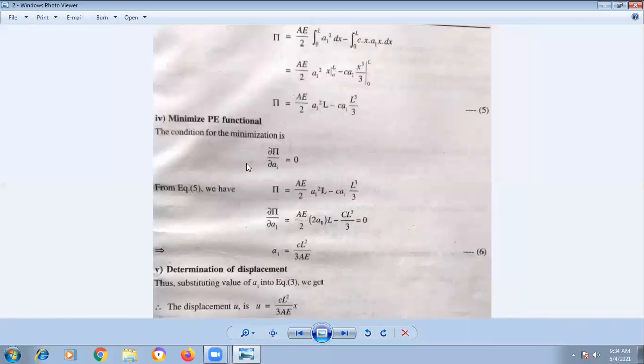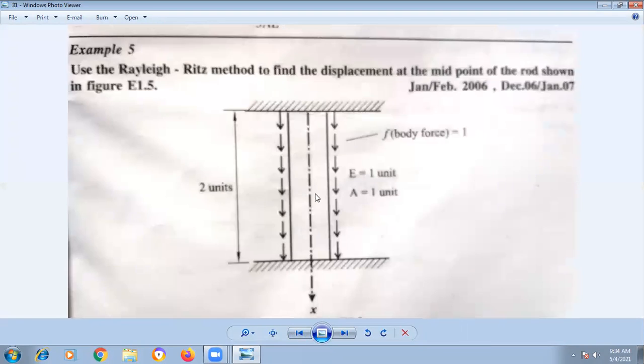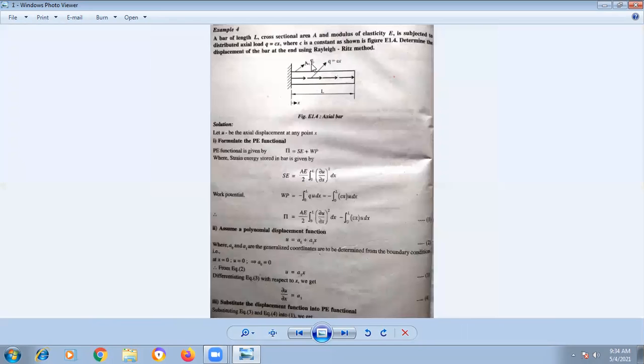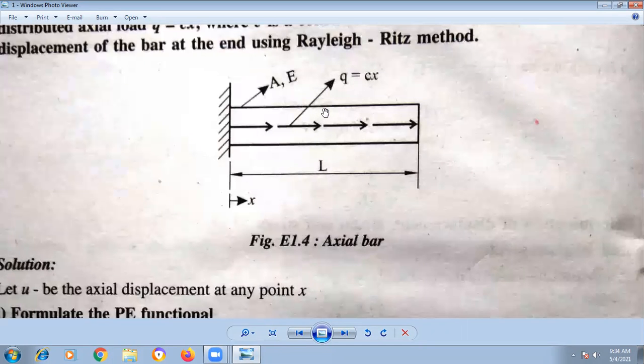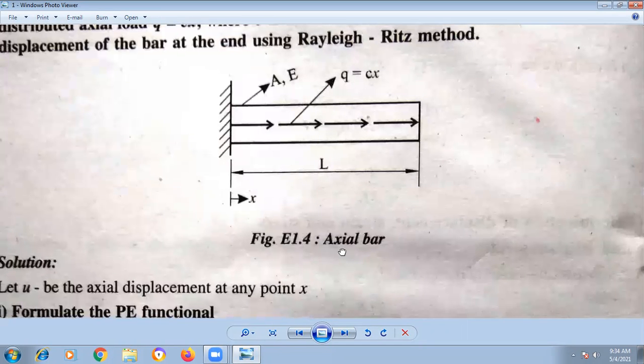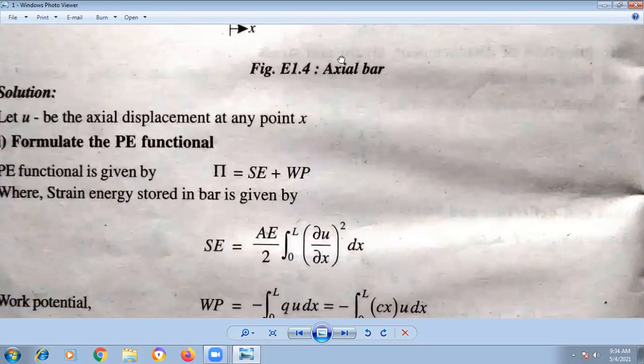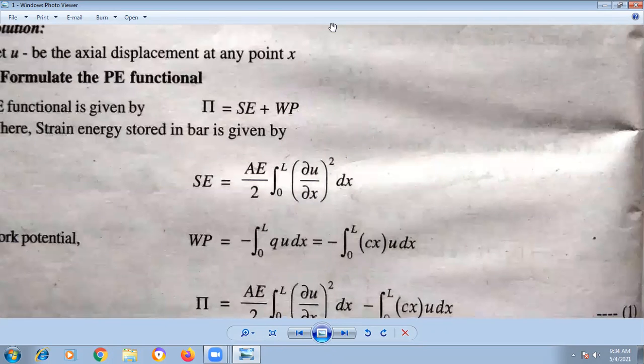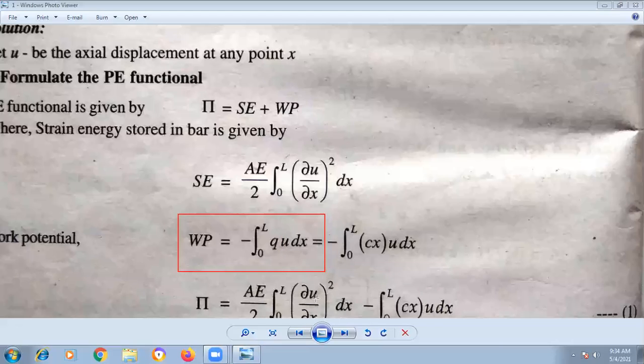So the very important thing in the problem is, we have to find out how the displacement is given or the force is given for writing the work potential. That is, a uniformly distributed load is given. So the only thing you should keep in mind in this problem is the work potential term, how to write it, that is integral over the length Q into U dx.